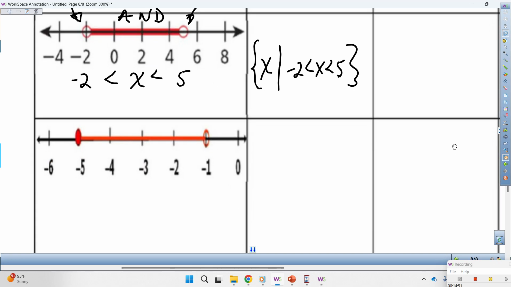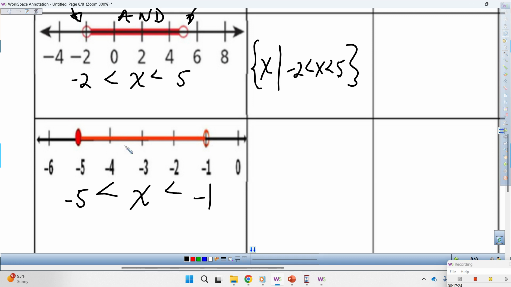Write your inequality notation, and then write your set notation. I'll give you a head start. All right, here it goes. Start with our dividing point. What's our dividing point here? It's -5. How about over here? -1. The shading is in between, so we write what? x. Arrows to the left.